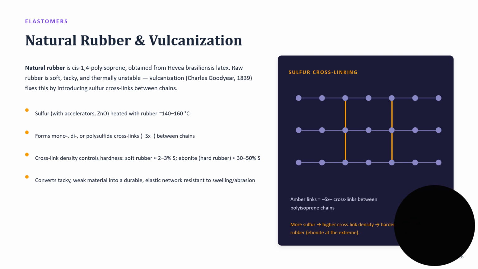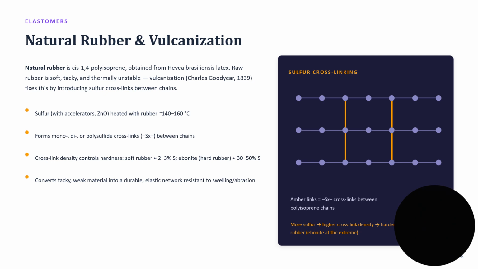Soft, flexible rubber, the kind in tires or rubber bands, uses only about 2 to 3% sulfur by weight, but push that up to 30 to 50% sulfur and you get ebonite, or hard rubber, rigid, dense, and used in battery casings and certain insulators.